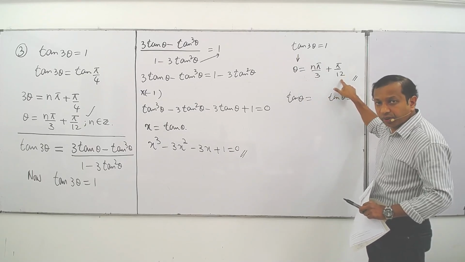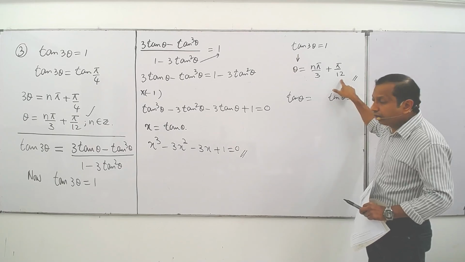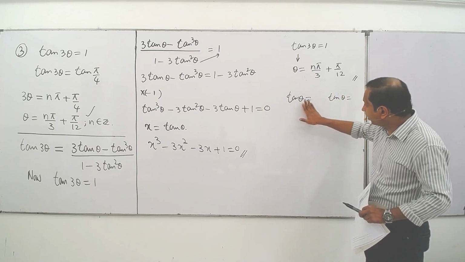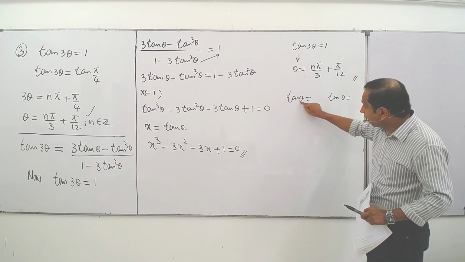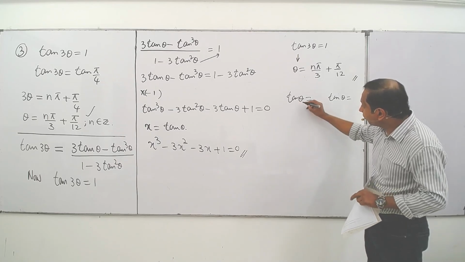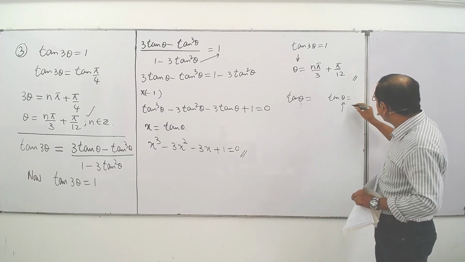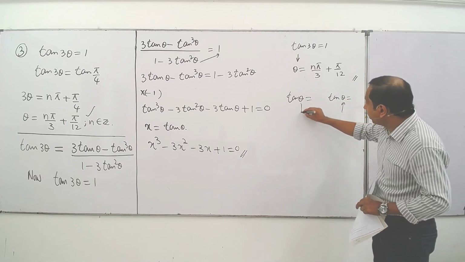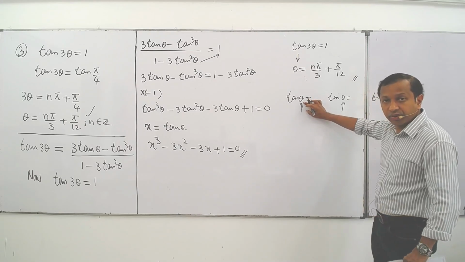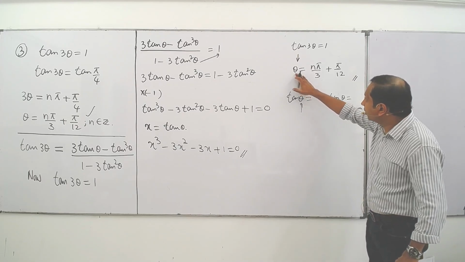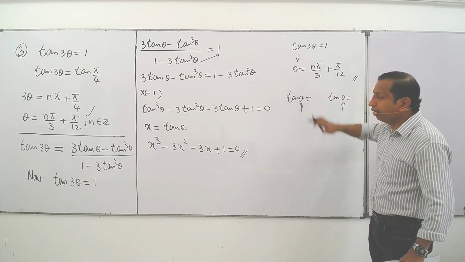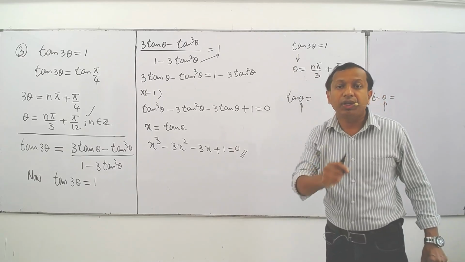Therefore, for these 3 answers of tan theta, there are some angles for theta, no? Here, here, and here. The angles of theta are given by this solution by putting in different values for n.